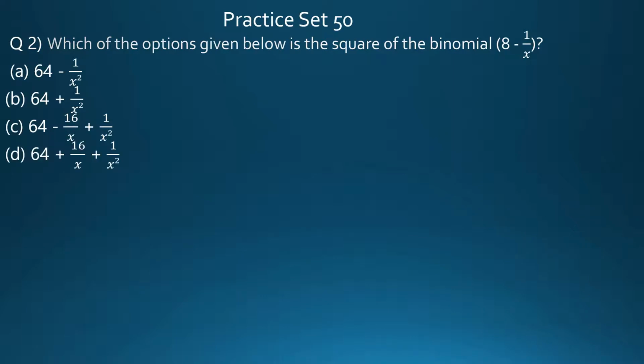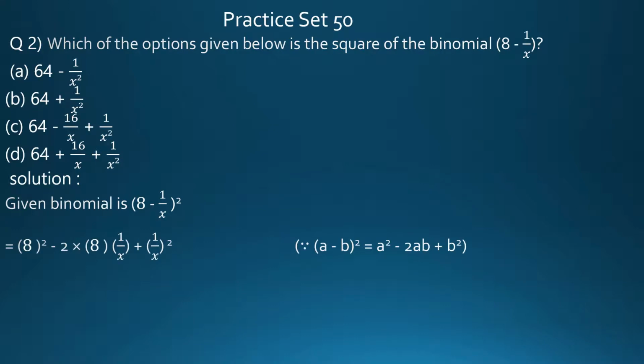Solution. Let us solve the binomial and then we will find out what is the correct option. So given binomial is 8 minus 1 upon x the whole square. So after expanding it, it will become 8 square minus 2 into 8 into 1 upon x plus 1 upon x the whole square.